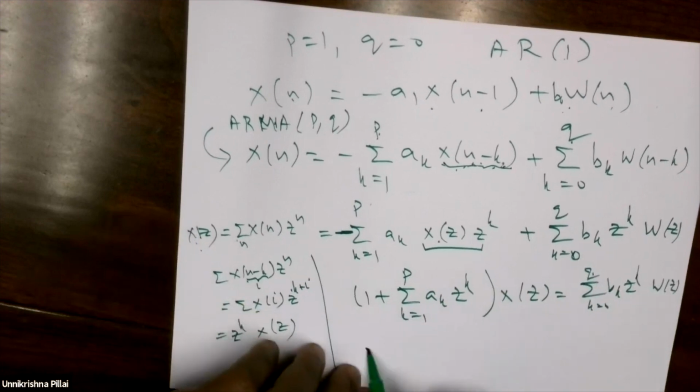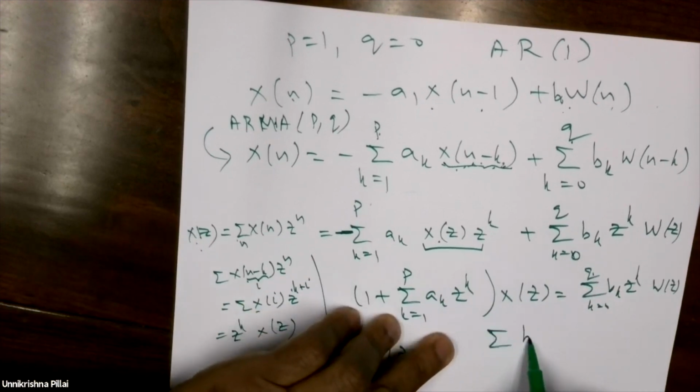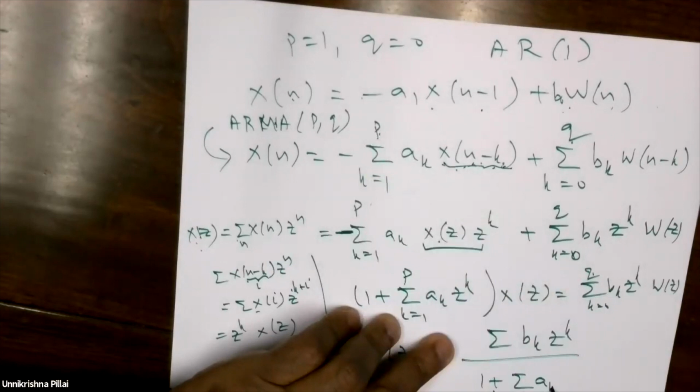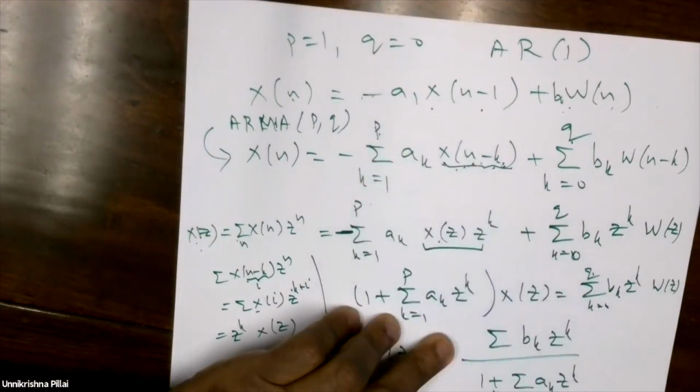So you see, I can write the output as something b_k z^-k divided by 1. Because of this plus sign, I put this minus here. If you don't put the minus, this will become minus, that's all.